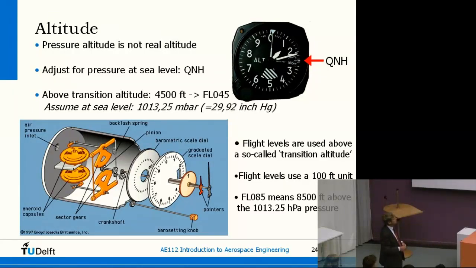But if he says, I'm at flight level 45, that is not automatically the same as the altitude, because that is relative to the standard sea level pressure. So flight level 85 means 8,500 feet above 1013.25 hectopascal. One flight level is 100 feet.